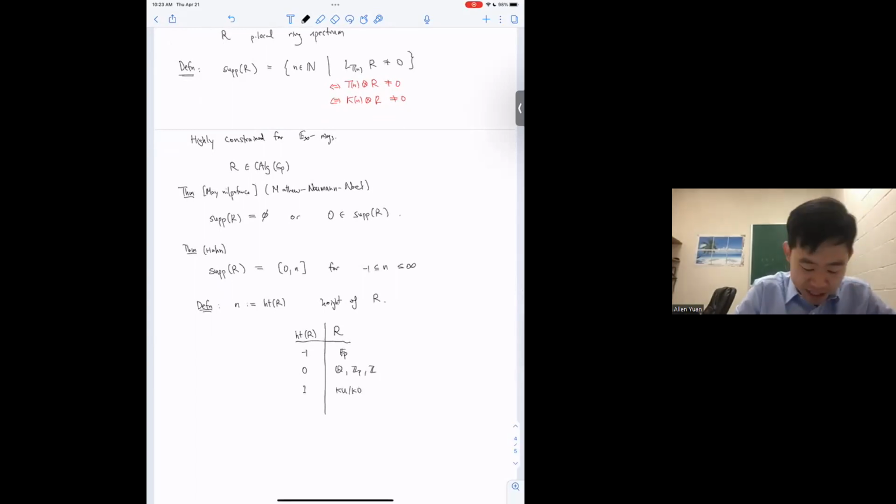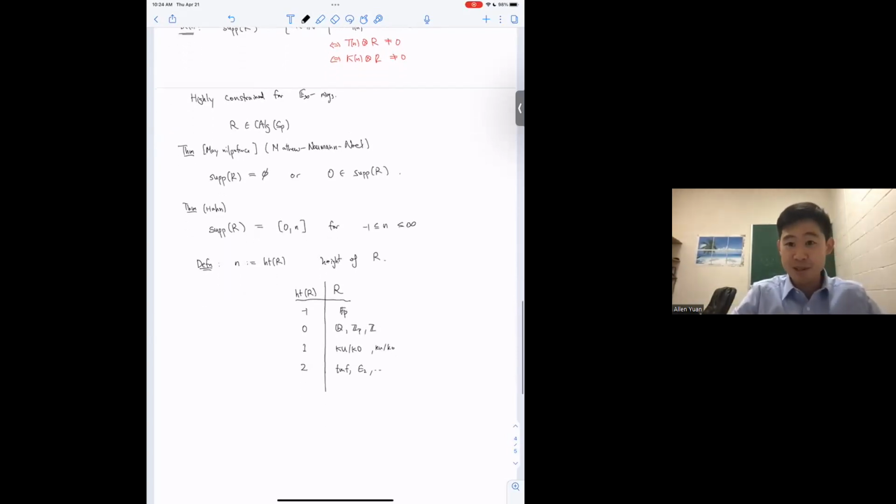Their Kn localizations for n greater than 1 vanish. We also have the connective variants. At height 2, you have things like TMF or height 2 Lubin-Tate theories. Of course, at height n, you have the height n Lubin-Tate theories, things like elliptic cohomology. So this jives with the usual notion of height, at least for 0, 1, and 2.